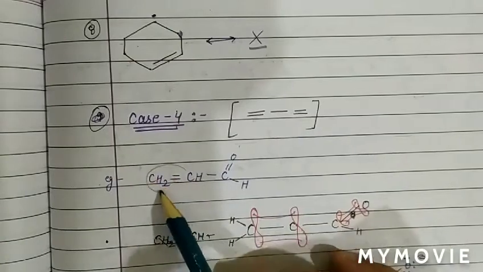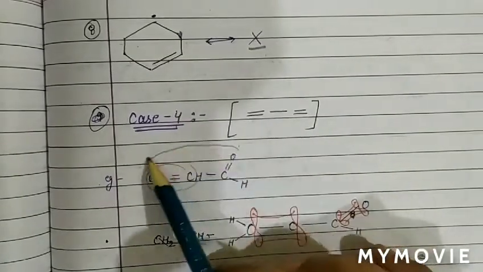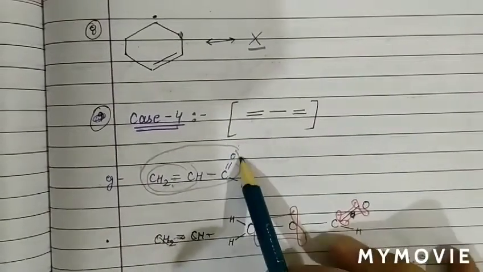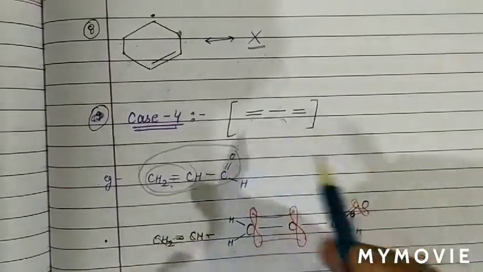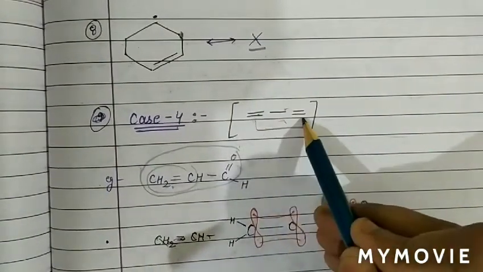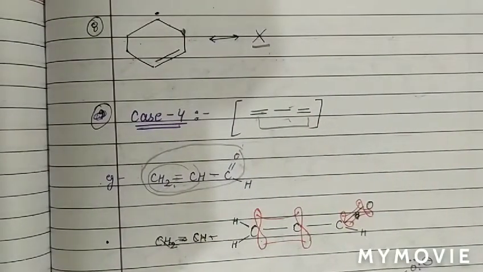In this case also resonance is possible, because it is pi bond, single bond, pi bond. So case 4 is the pi bond, then single bond, and then pi bond. It is also a conjugated system, and resonance is possible in this case.